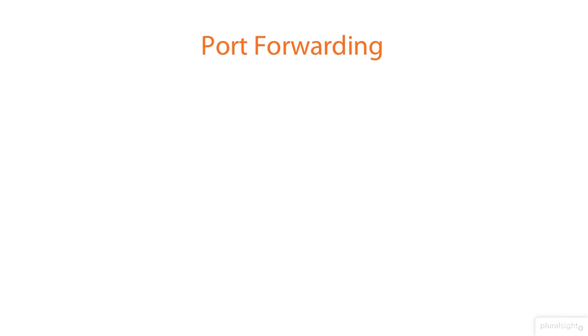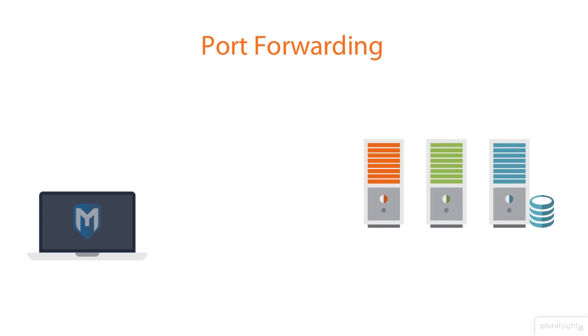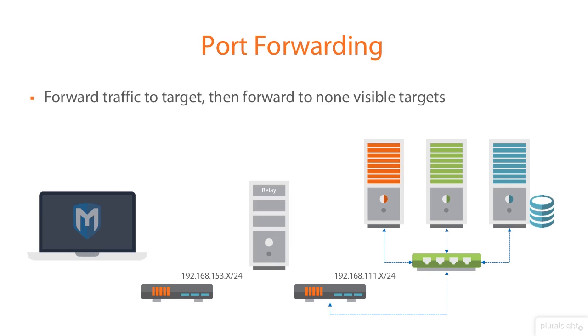Now, once we've done that, then of course we can start using other components. And this is where port forwarding comes in. It may sound very straightforward, but in the realms of Metasploit and in the same scenario that we had before, in our connected environment we can forward traffic from the Metasploit machine to those non-visible targets using the box in the middle, that relay machine.